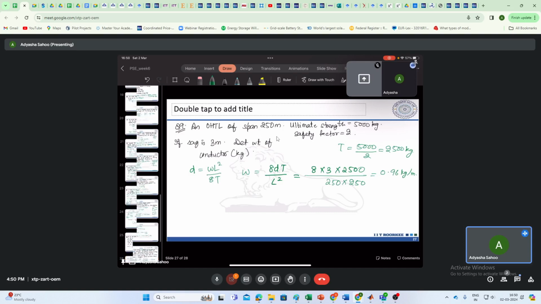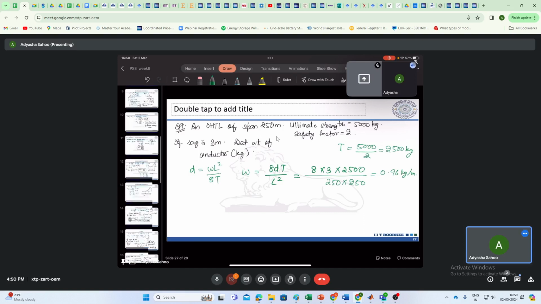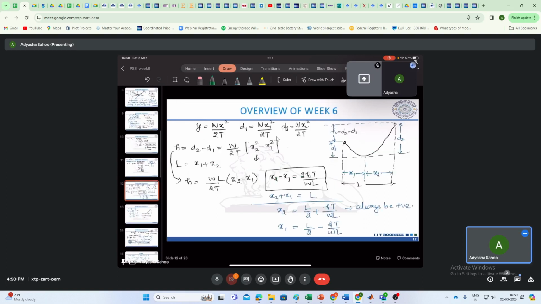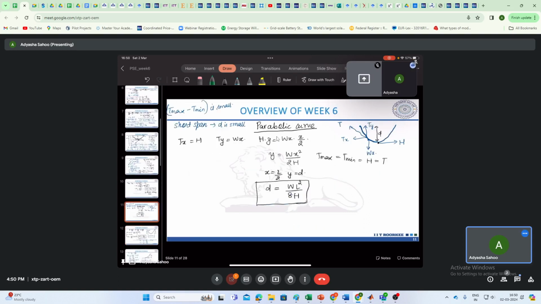Now we need to calculate the length of the conductor. So let us check.